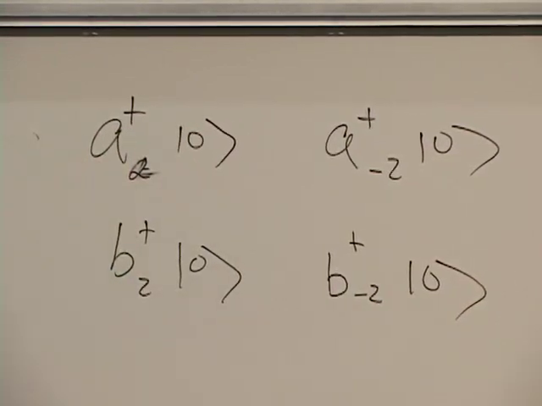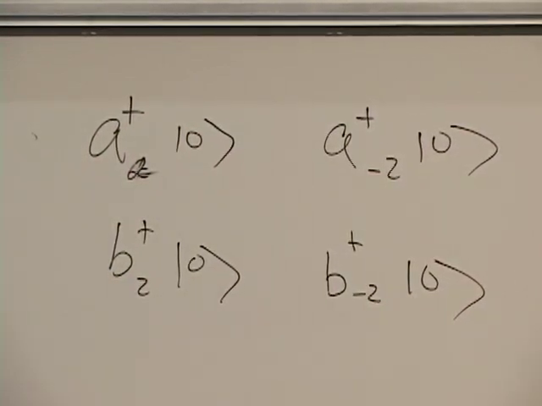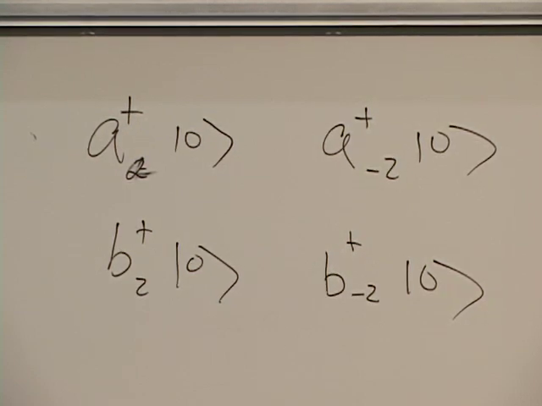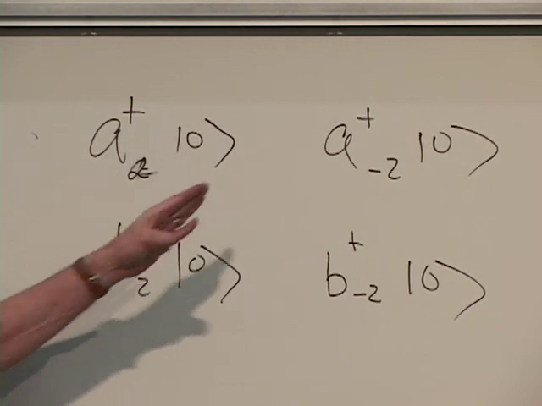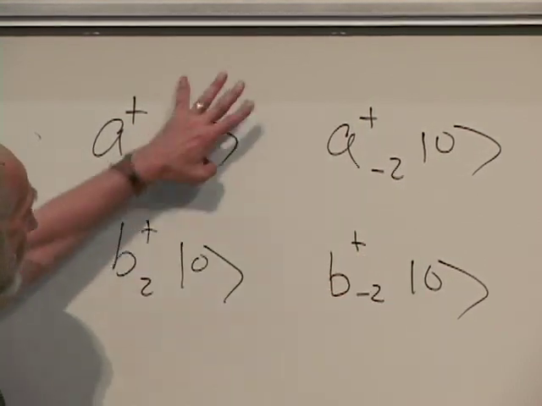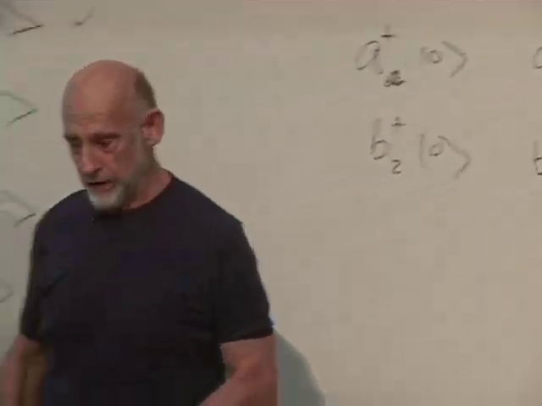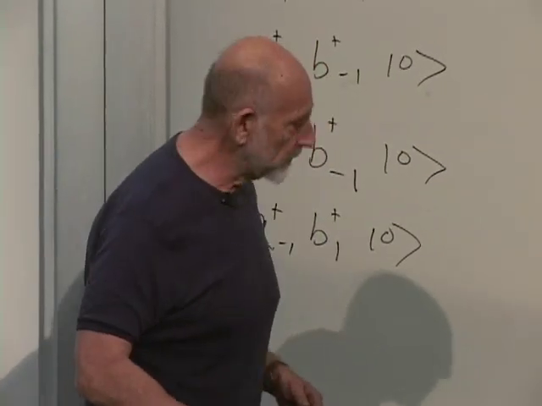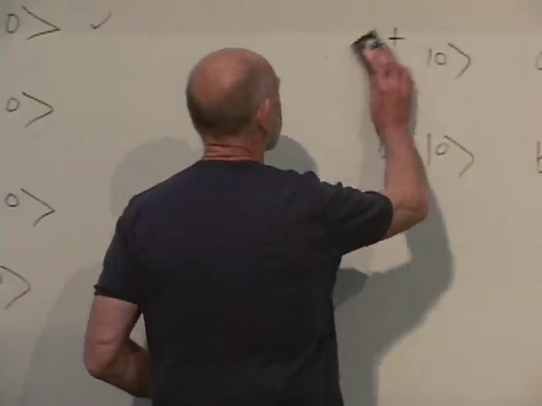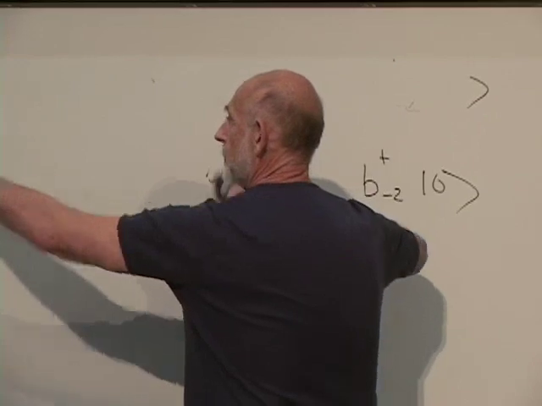All of these states have 2 units of energy. But do they satisfy the level matching? No. They either have 2 units of right-moving energy or 2 units of left-moving energy. So these are illegitimate states. Cross them out. What's left? What's left is these.